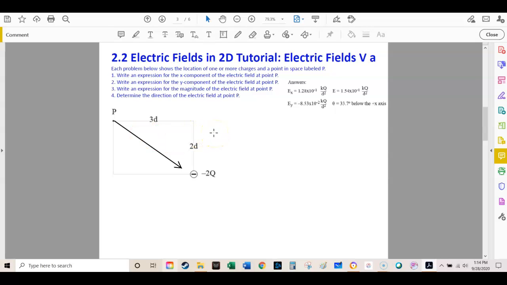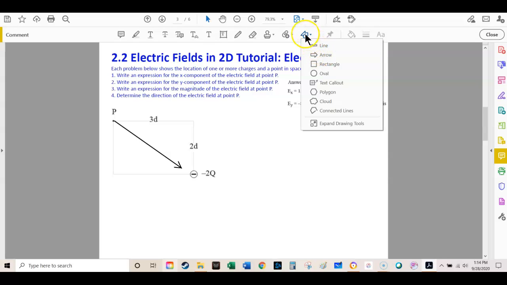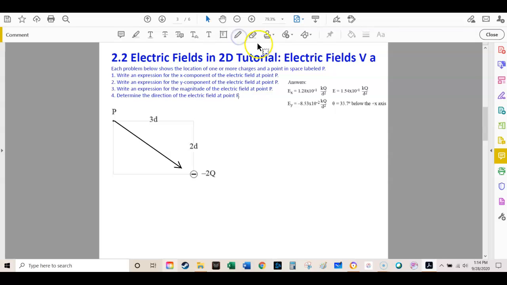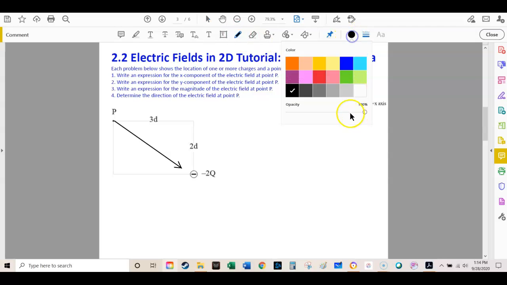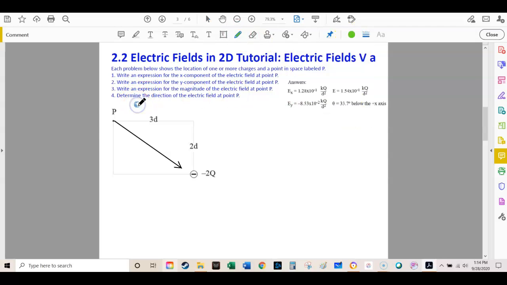Now, typically in the one dimension stuff, we would just go ahead and start creating our equations from here, but we have a bit of a problem. This vector right here is in 2 dimensions. It's not aligned to our coordinate system, which I'm going to create right here in green.